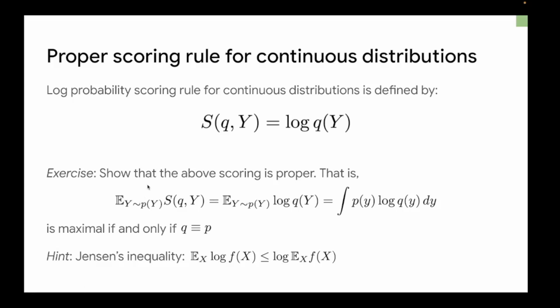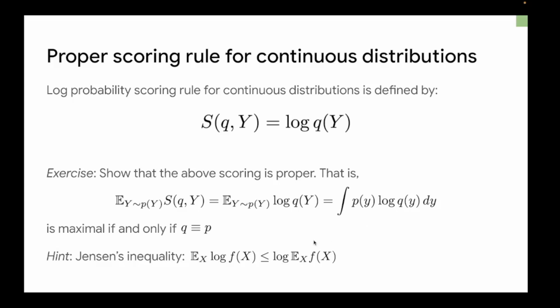So what does it mean that this scoring rule is a proper scoring rule? It means that the expected value here, which is given by the expectation over y of log q of y, which is again represented by integral over p of y times log of q of y dy, is maximal if and only if p is equal to q, or q is equal to p.